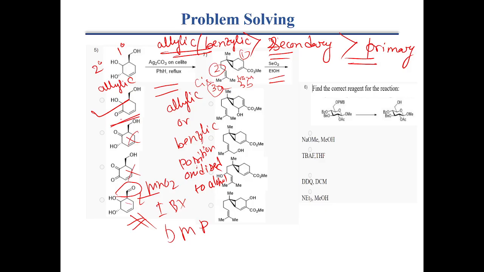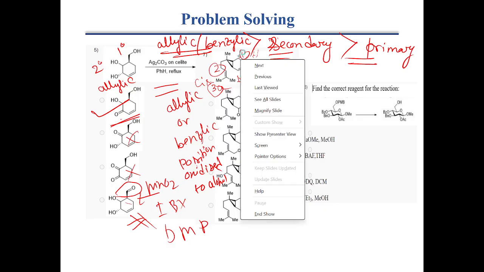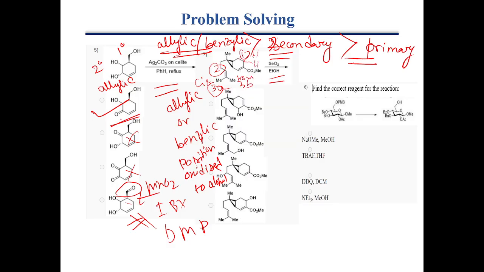In all the cases where multiple options are there for allylic oxidation, we have to see the steric matters. The sterically accessible one will first oxidize, then the sterically hindered one. In all these cases there are two protons and one methyl group, a CH2 group. In these cases also two protons, one CH2, one CH.